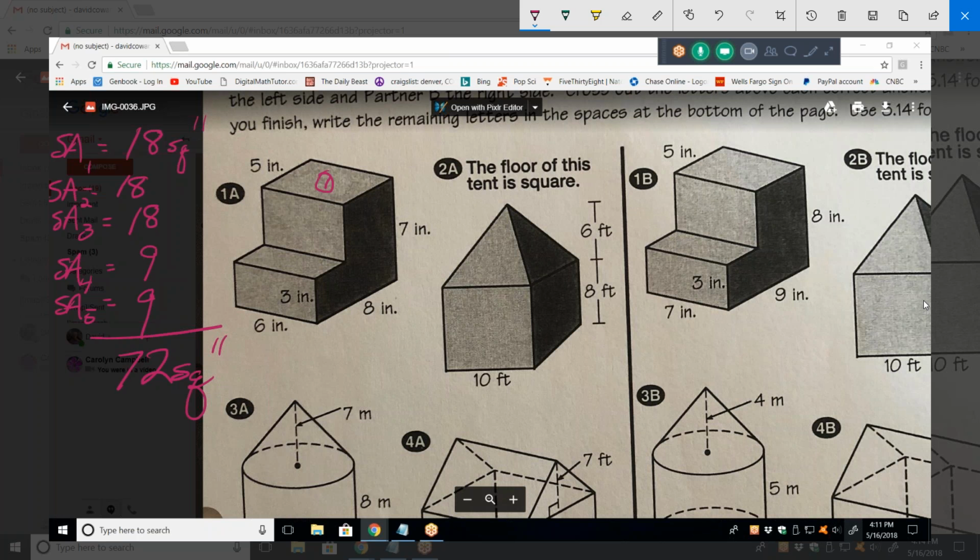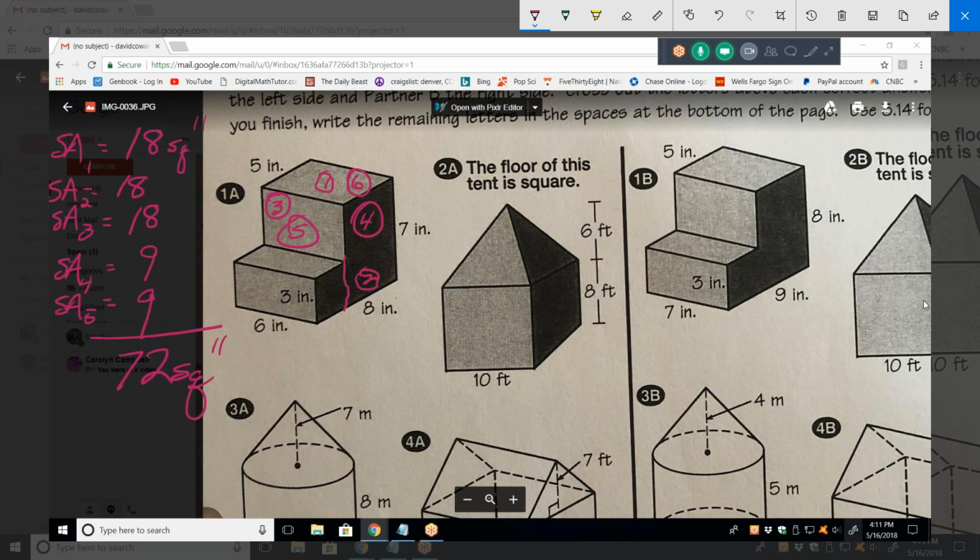So I'm going to call that surface area 1 and surface area 2. And then we have 3, that side and this side, 3 and 4. And then we have 5, which is unique. And then we have 6, which is this back one, which is unique.